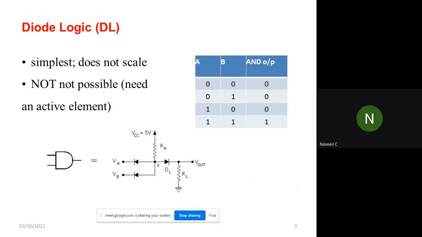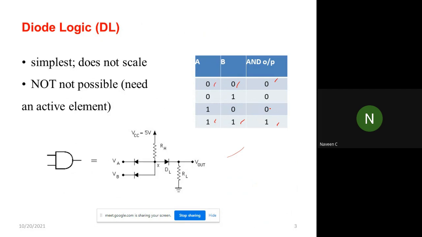In the AND logic, if you give both inputs low, the output should be low. AND is a multiplication logic, so only when both the inputs are high will you get the output high. If either input is low, your output will be low. That is the logic.